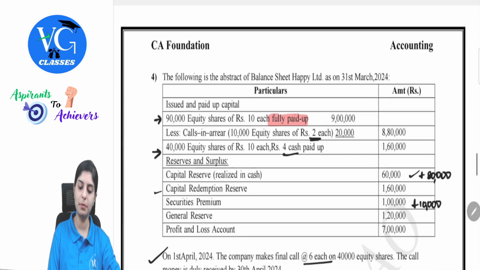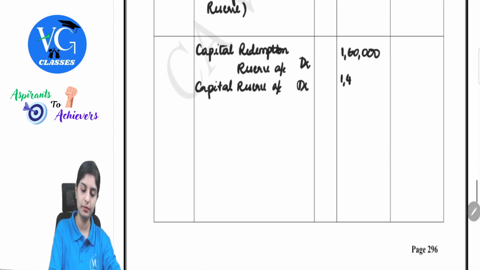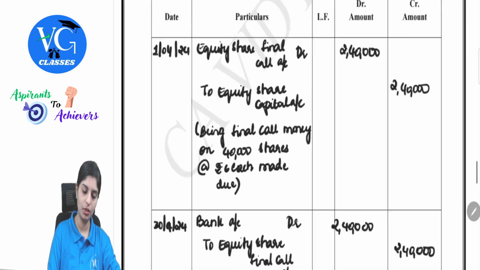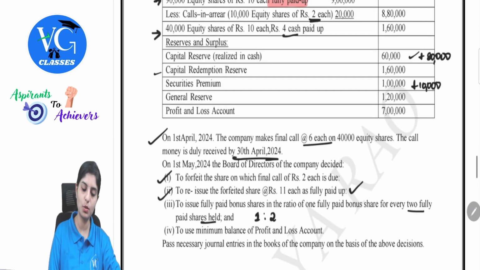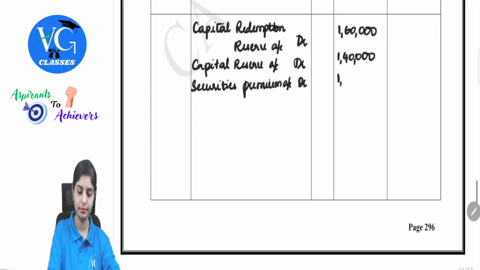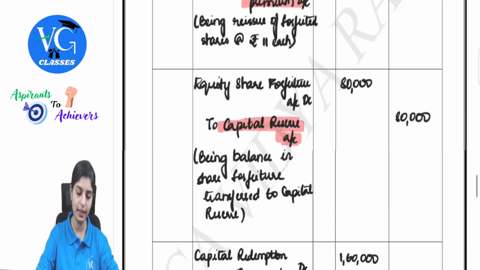So capital reserve will be 80,000 plus 60,000, 1,40,000. Then is securities premium account debit. So securities premium is 1 lakh plus 10,000, 1,10,000. So till now, 160 plus 140 plus 1 lakh 10, we have used 4 lakh 10.